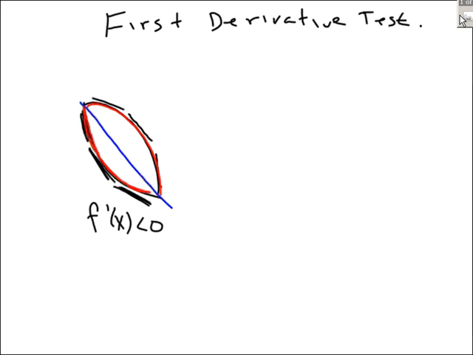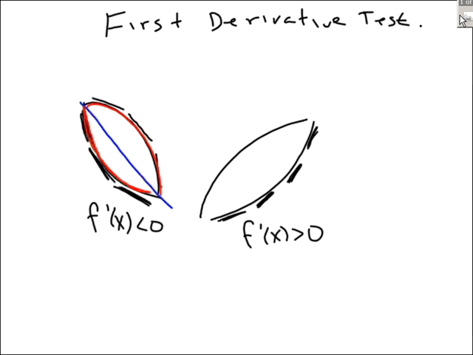If the curve is going up, as you go to the right, the curve goes up. Say like this. Well, look at the value of the slopes of the tangent lines. They are all positive. f prime of x is greater than 0. Likewise, the graph goes like this.